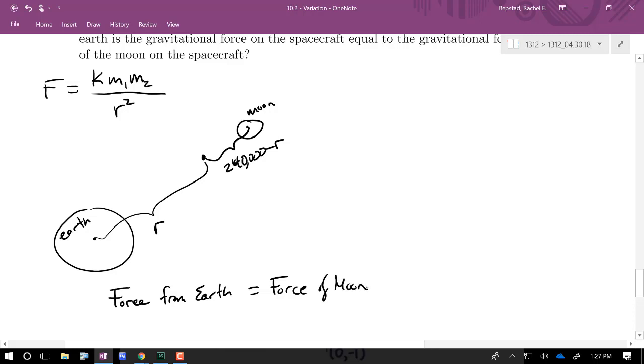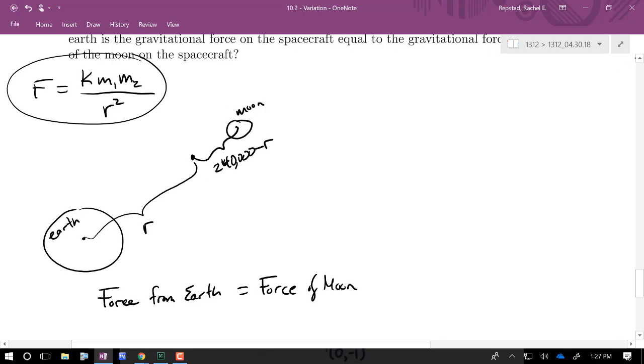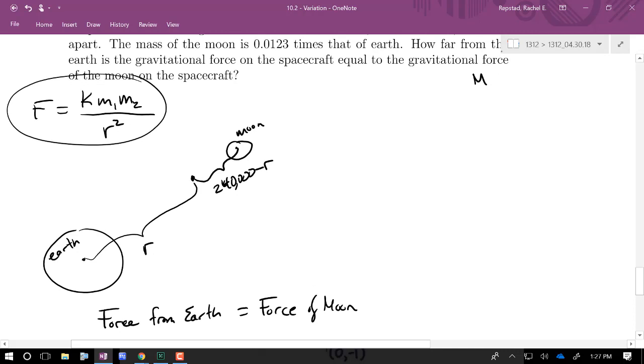Both of these expressions will have this basic setup. So let's begin. Let ME be the mass of the Earth. MM will be the mass of the Moon, and MS will be the mass of the spacecraft.